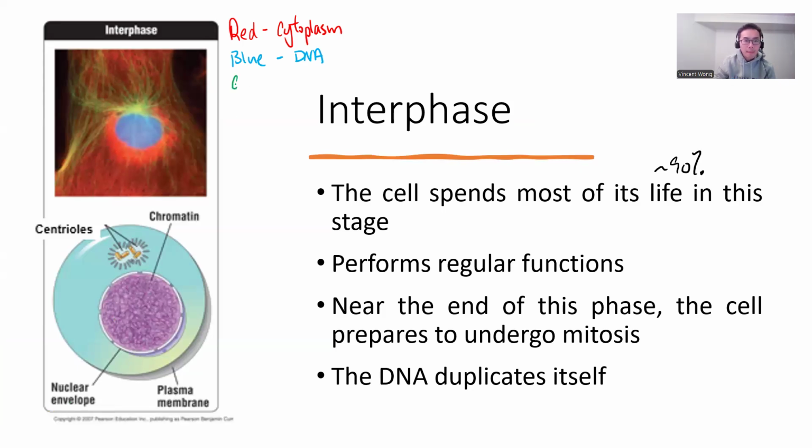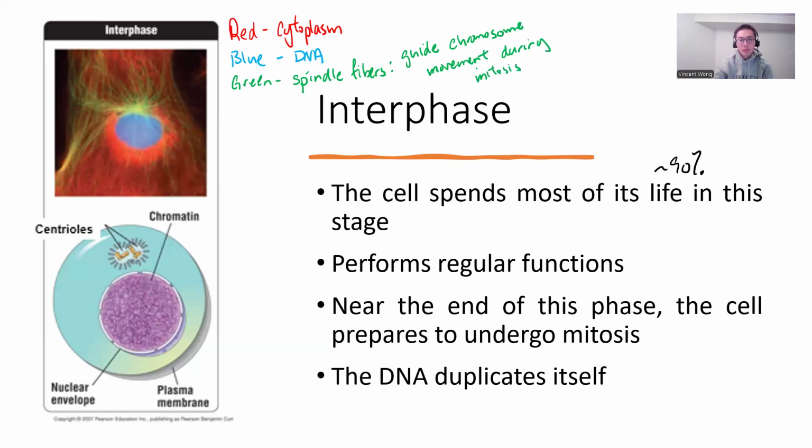That's the spindle fibers. And if you don't remember what the spindle fibers are, we learned that in lecture 3. They are microtubules that will guide chromosome movement during mitosis.